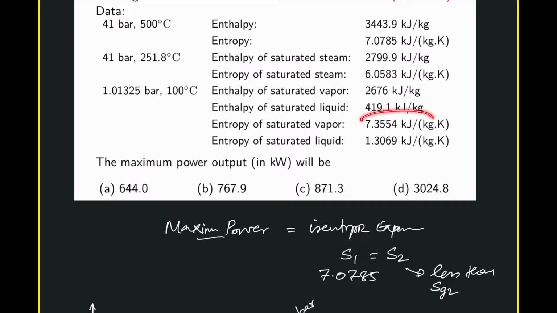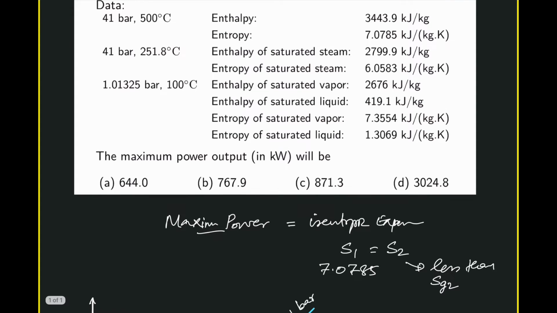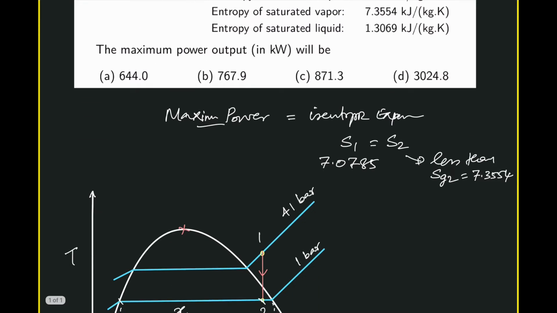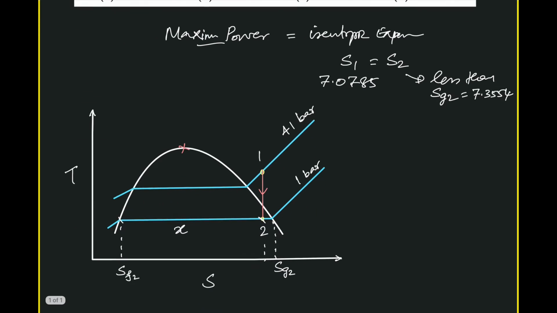It is given as 7.3554 kilojoule per kg Kelvin. Since S2 is lesser than SG2, we can say that the exit is a mixture of vapor and liquid. Let us understand this from the diagram.